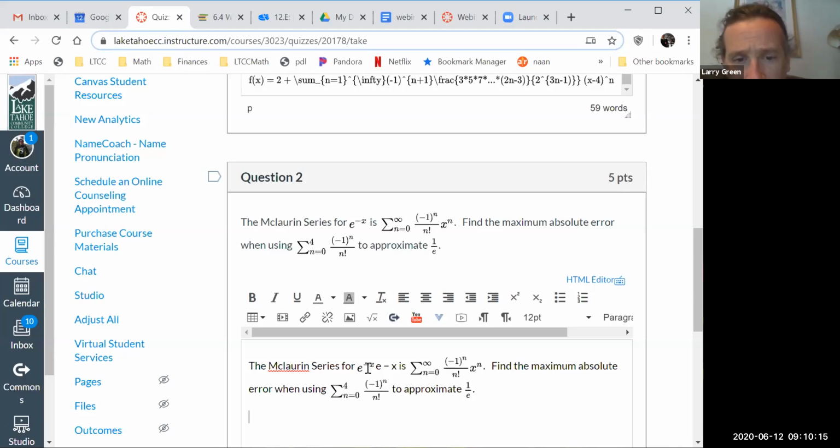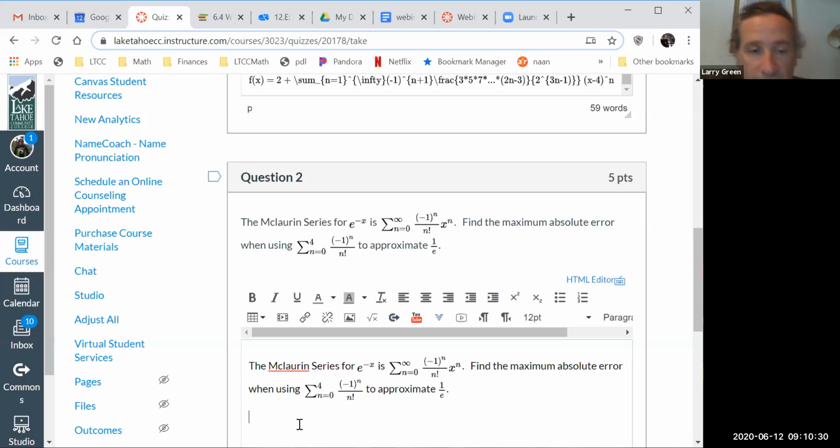And notice, by the way, you could take derivatives all you want of e to the negative x, and all you get is either plus or minus e to the negative x. Is that clear? So just note that between 0 and 1, because that's what we're doing, this is a Maclaurin series.